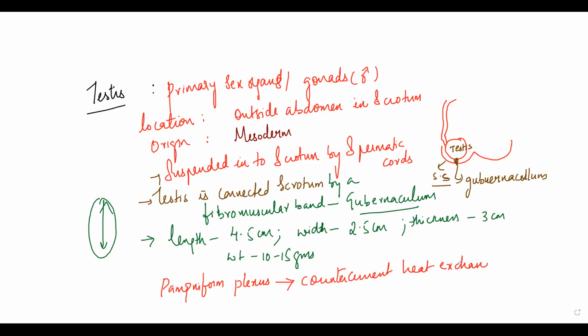The pampiniform plexus is formed by bunches of veins in the testis, which we call testicular veins. The countercurrent heat exchange happens between the testicular veins and the testicular arteries, by which a temperature 2 degrees Fahrenheit lower is maintained in the scrotum.